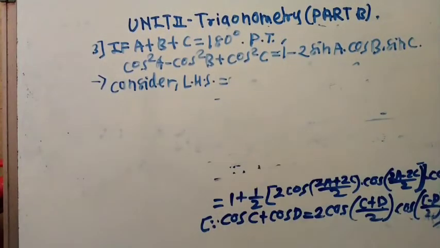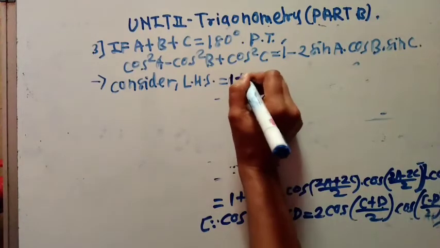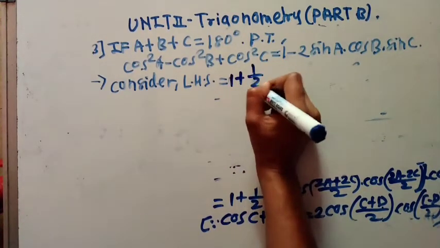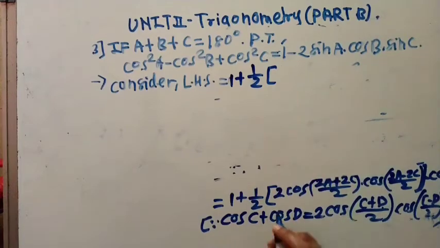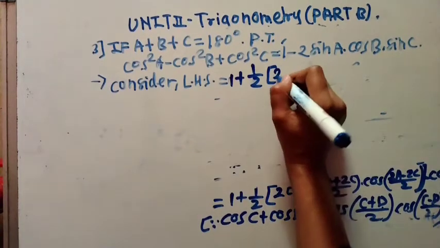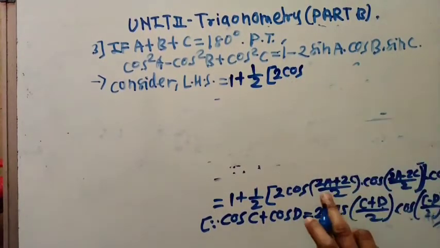Then next step is 1 plus 1 by 2 into 2 cos (2A plus 2C upon 2).